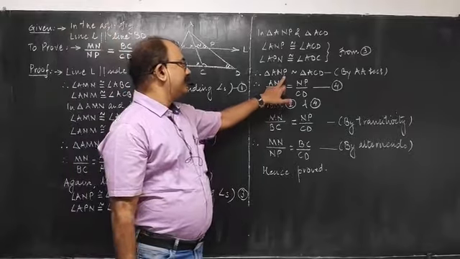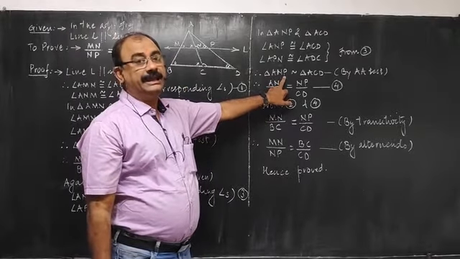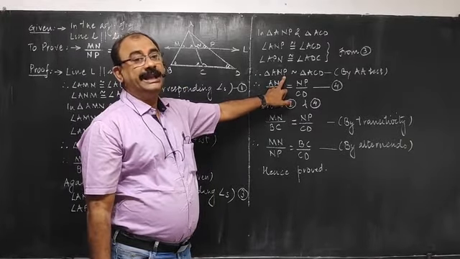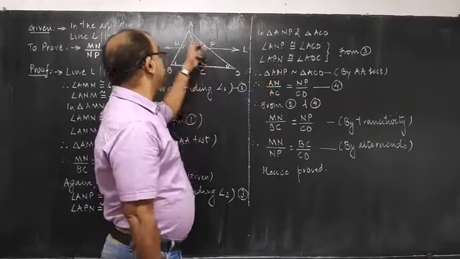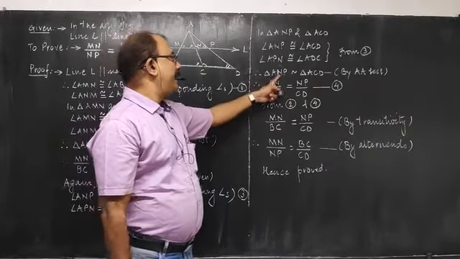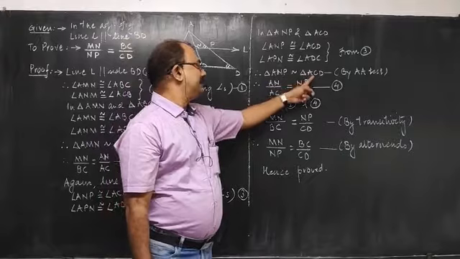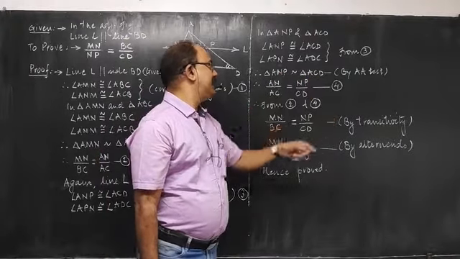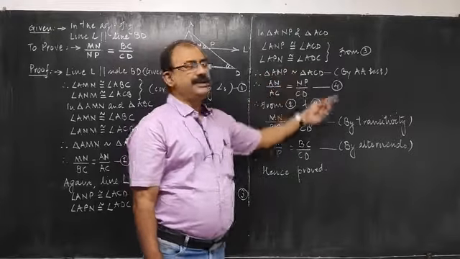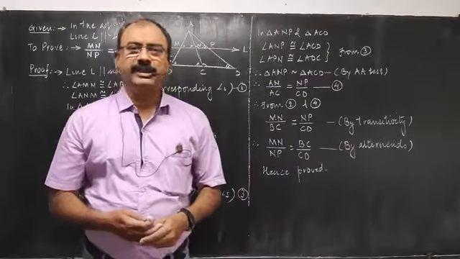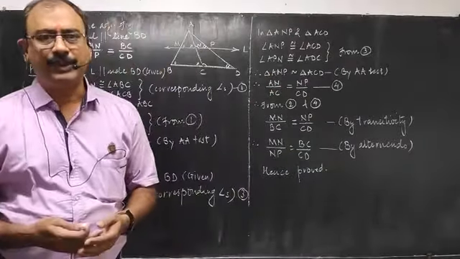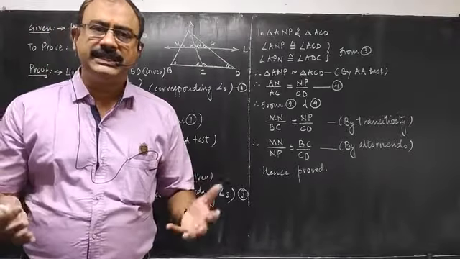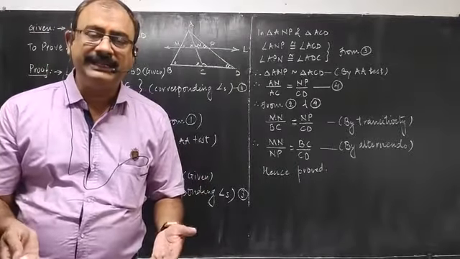Now, these triangles are similar. Again, I am going to use the linking segment. I will write AN upon AC is equal to NP upon CD, which I can also write as AP upon AD. But why am I not writing that? You have to use your common sense that these segments are not required in the answer.